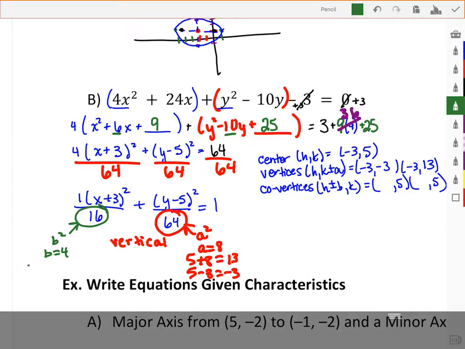So we're going to say -3 plus 4 and -3 minus 4. And that negative 3, remember, is our h. That came from the center. Negative 3 plus 4 is 1. Negative 3 minus 4 is negative 7. So our co-vertices are at (-7, 5) and (1, 5).